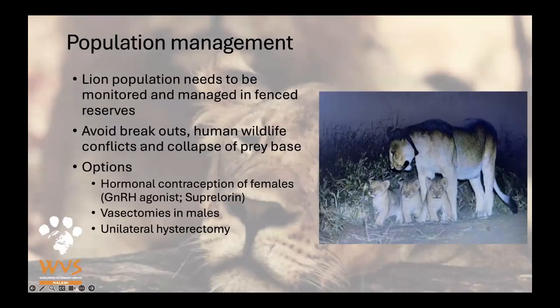The thing is, if you have an open system, where all the parks would be connected to each other, and lions, for example in the Majete and Malawi setting, could move between Liwonde and Majete and just walk through Malawi, you would obviously not need any population control, because you would have a good mix of genetics.